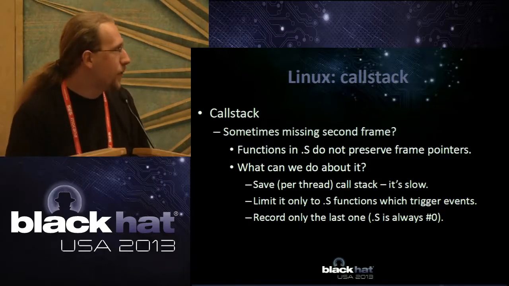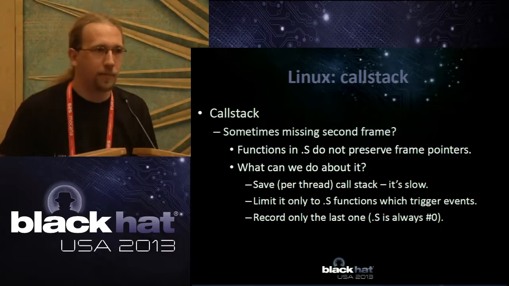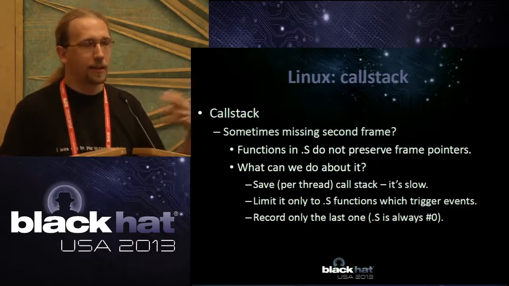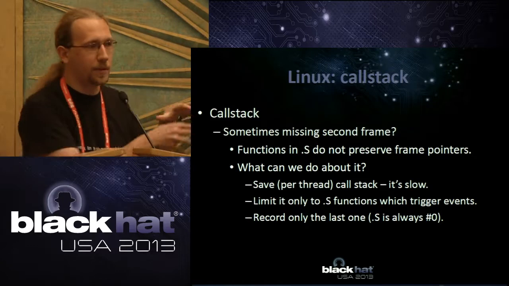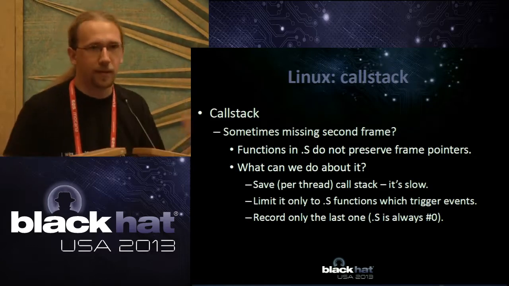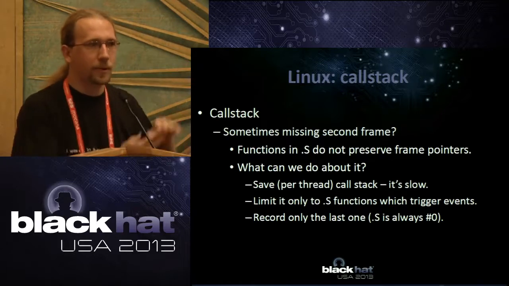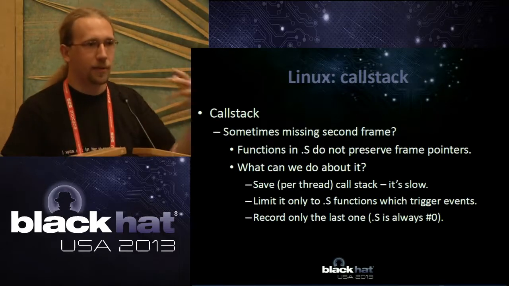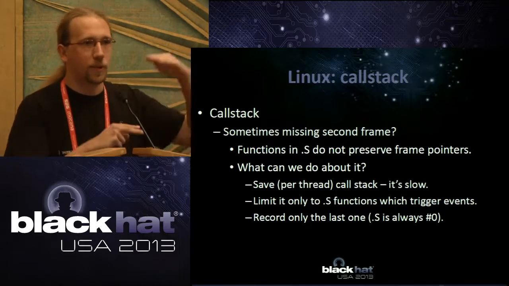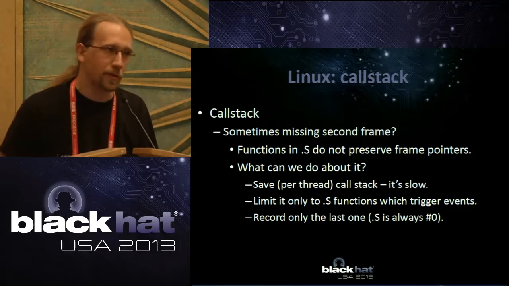We solved it by getting callbacks when one of these functions was entered, saving the return address, and then when we need a call stack, we inserted that return address in between the first and the second entry in the call stack.